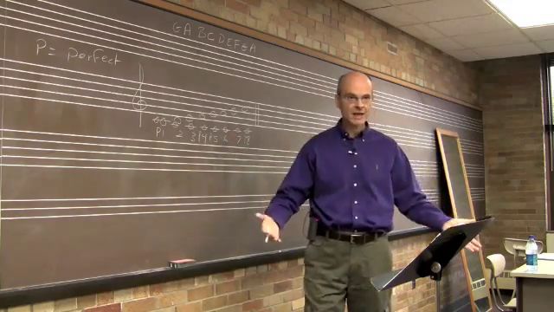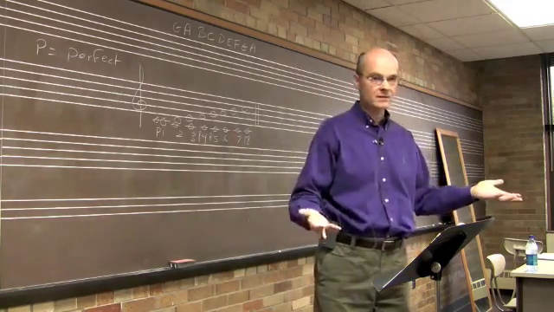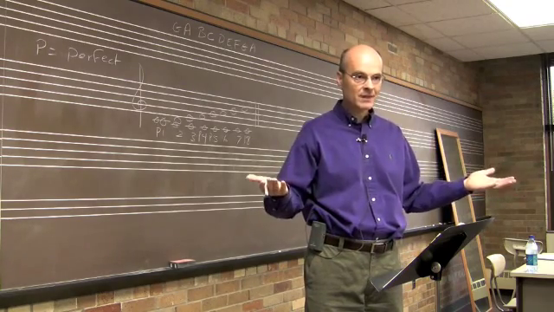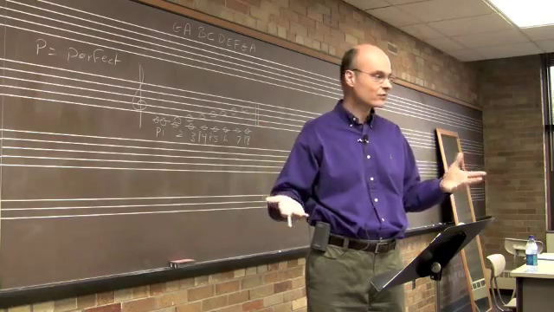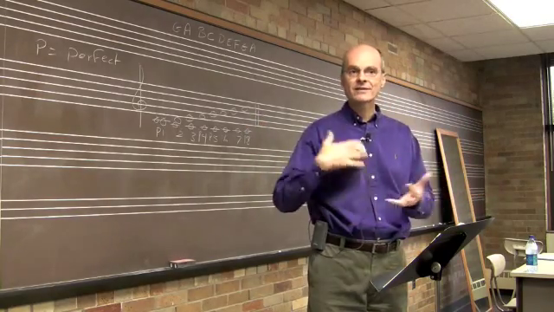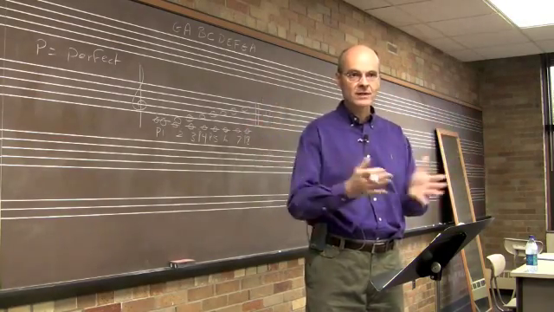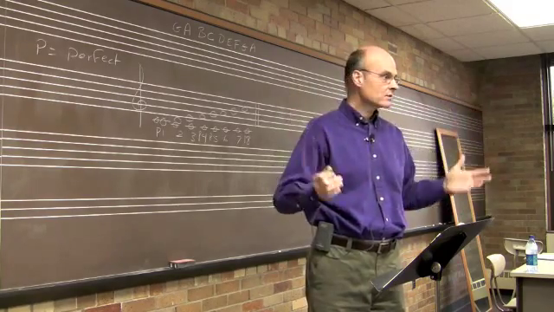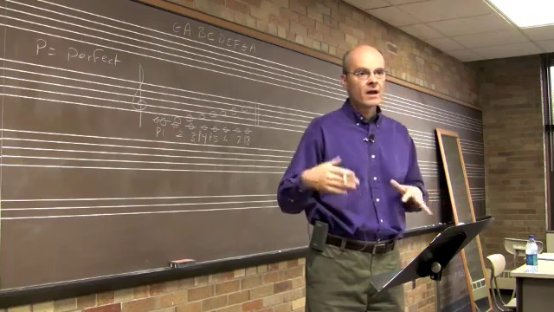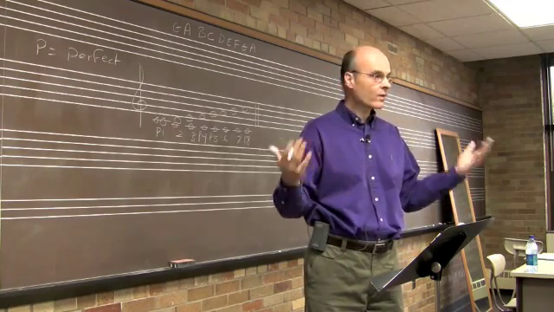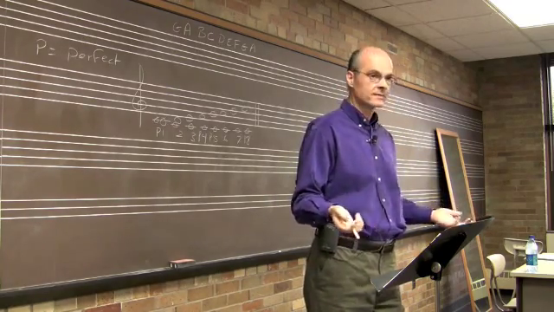If it's in a major scale and it's a 1, it's perfect. If it's fourth, it's perfect. If it's a fifth, it's perfect. If it's an octave, it's perfect. It just is. Well, we can talk about why maybe later, but not right now. All you have to know is that it is.